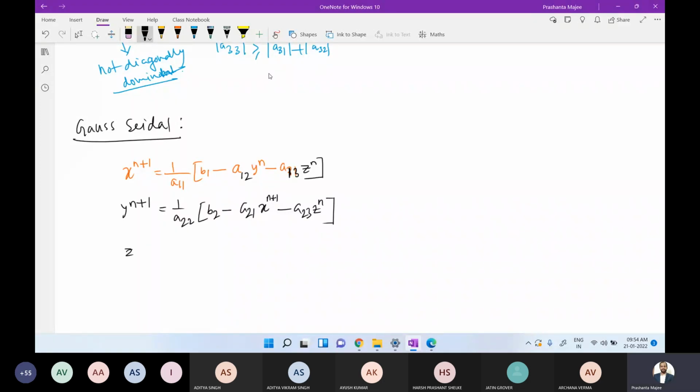What will be z n plus 1? The value of z in the n plus 1th iteration will be 1 by a33 times b3 minus a31 times the value of x in the n plus 1th iteration minus a32 times the value of y in the n plus 1th iteration. Okay, so this is the Gauss-Seidel scheme.